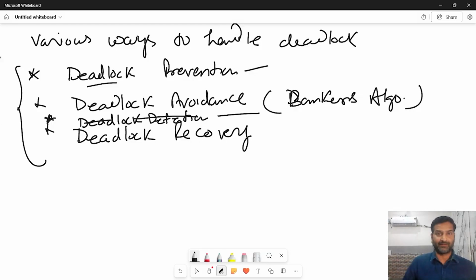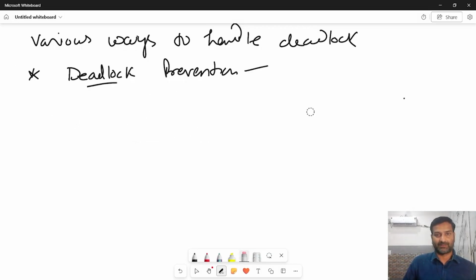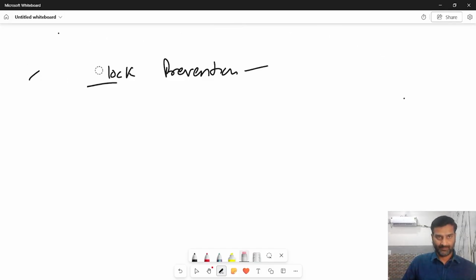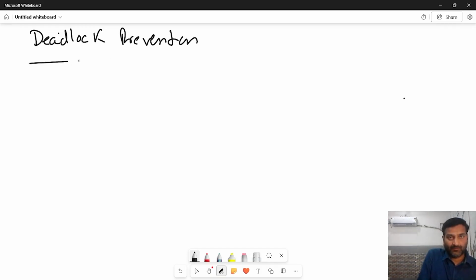So let us understand what deadlock prevention is and how we can prevent the situation of deadlock. In deadlock prevention, what we are trying to do is make sure that those four conditions never occur.